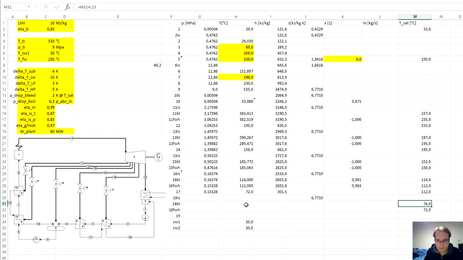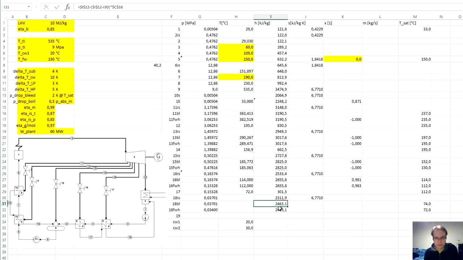So we got temperatures. From saturated temperatures we get pressures. Now from pressure and entropy we get enthalpy. And we get the following enthalpies.